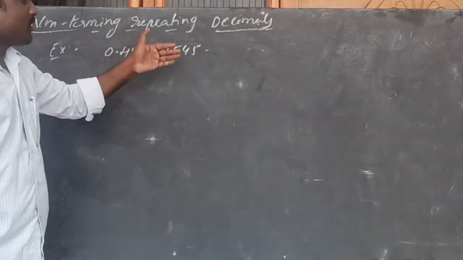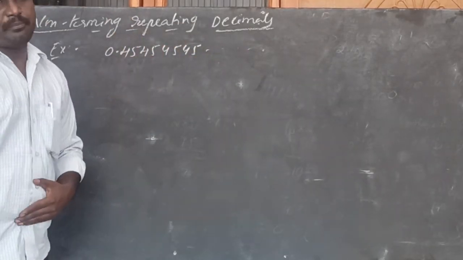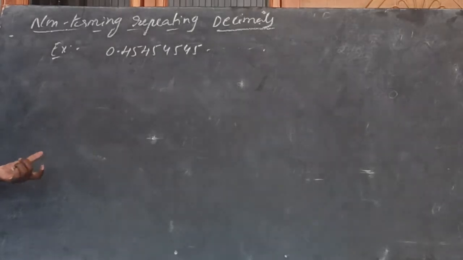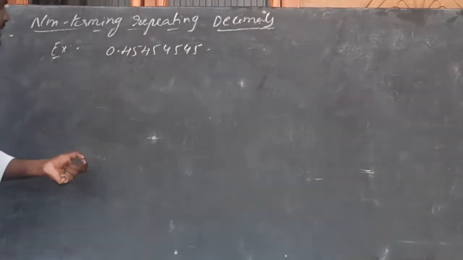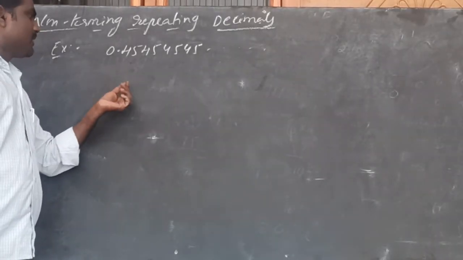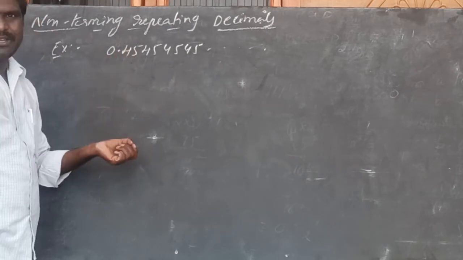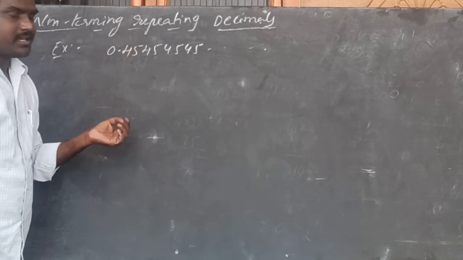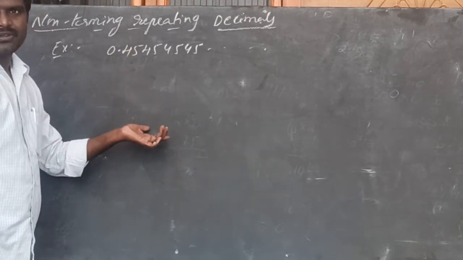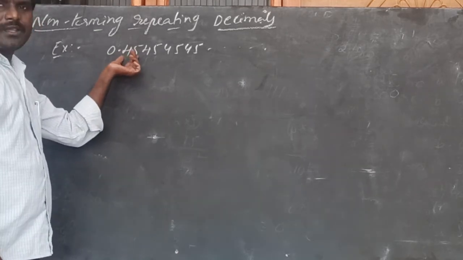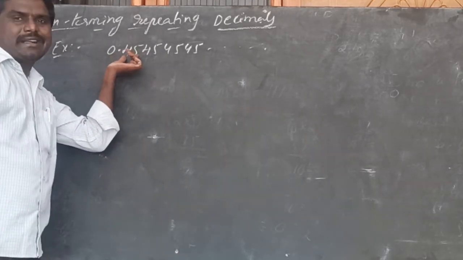This number can be changed into P by Q form by using period and periodicity. Period means the digits which repeat. Here which digits repeat? 4, 5. So 4, 5 is called the period.